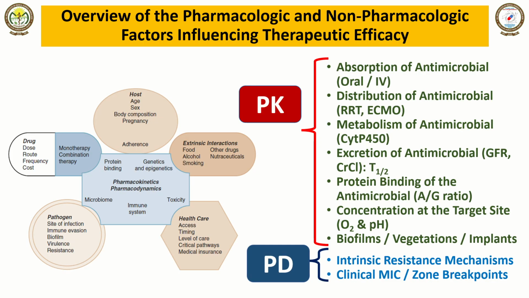Many of my videos on YouTube already discuss the basics about the PK and the PD: how the antibiotic is distributed when it is given IV or oral, how the absorption happens, how the distribution happens, how it is metabolized, whether it is hepatic or renal metabolism, how it is excreted, what proportion is binding to the proteins, and what actual concentration reaches the target site depending on the oxygen concentration and the pH of the actual site of the infection, whether it's an abscess, a skin or soft tissue infection, a bloodstream infection or a lung infection.